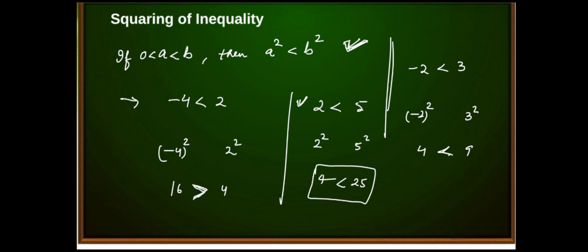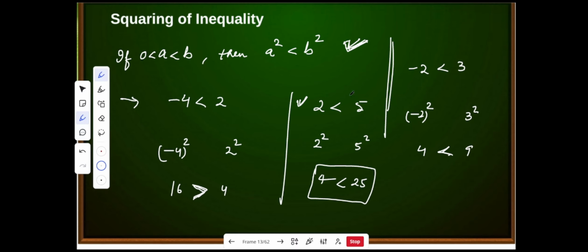So to come up with the result, we have to keep it in mind if the two numbers in an inequality are of alternate sign, means if a number is negative and another number is positive.